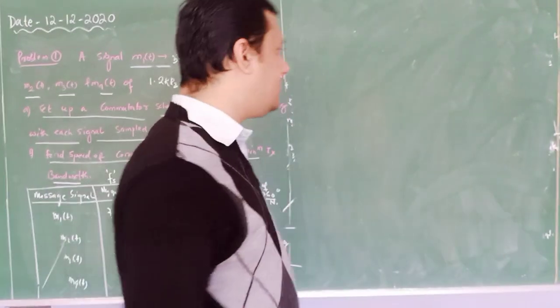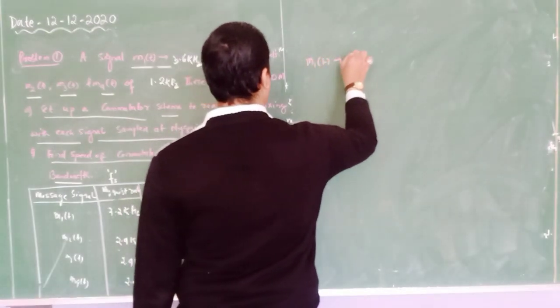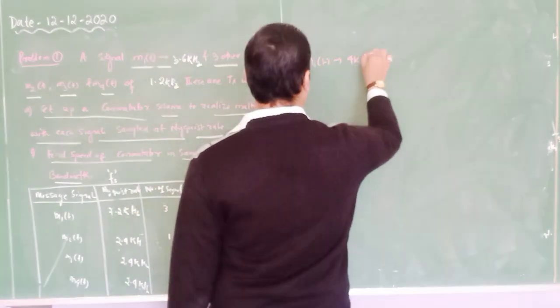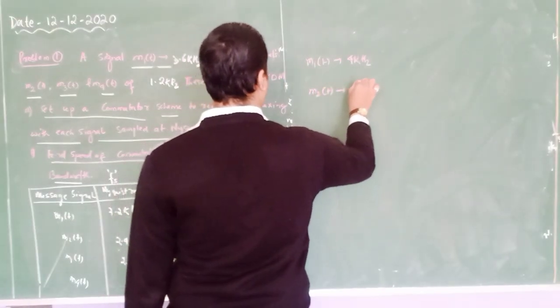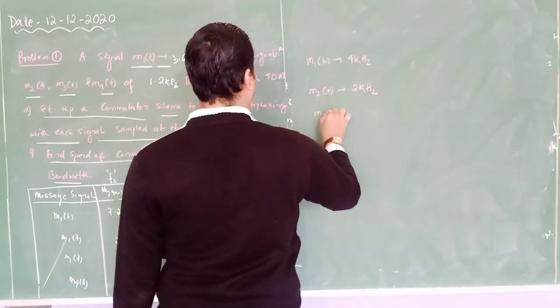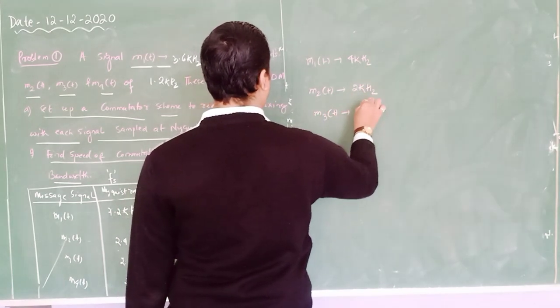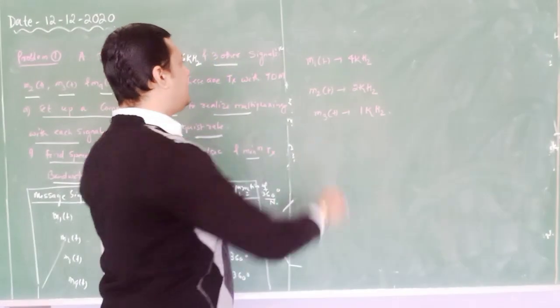Okay, so this is your question. M1 is band limited to 4 kilohertz. M2 is band limited to 2 kilohertz, as well as M3 is band limited to 1 kilohertz. Okay, this is the first case.